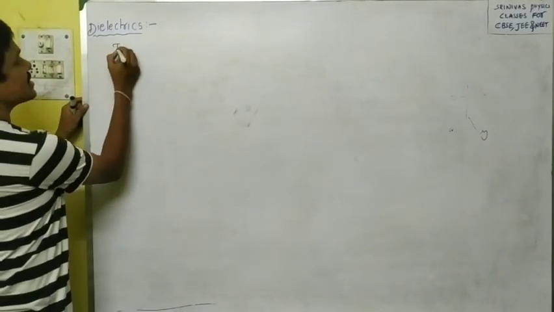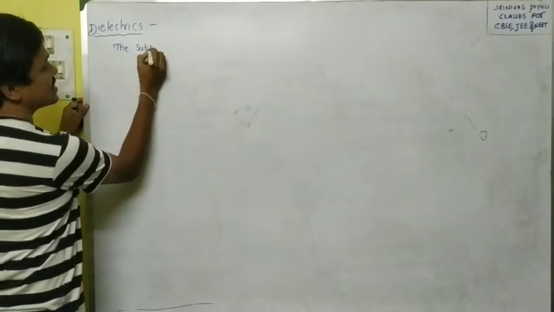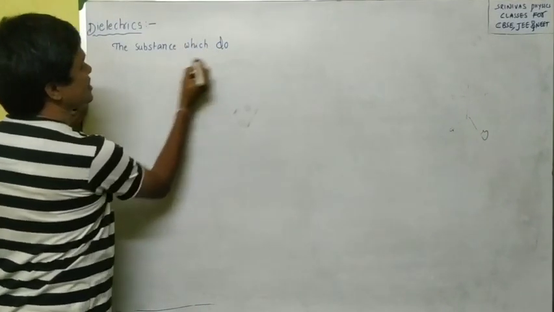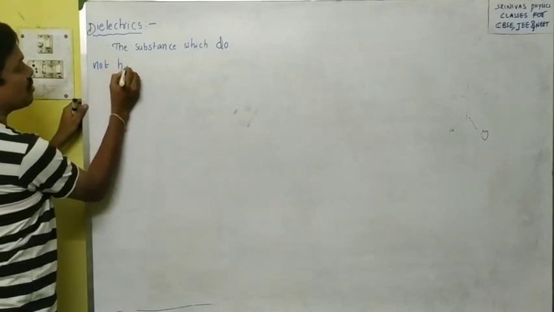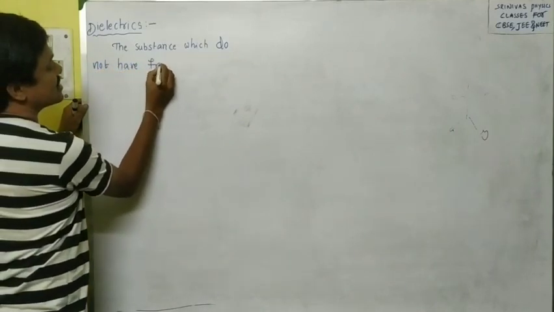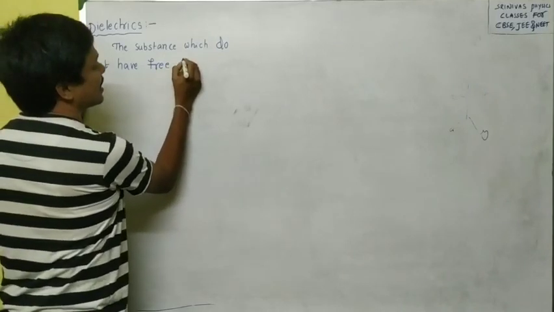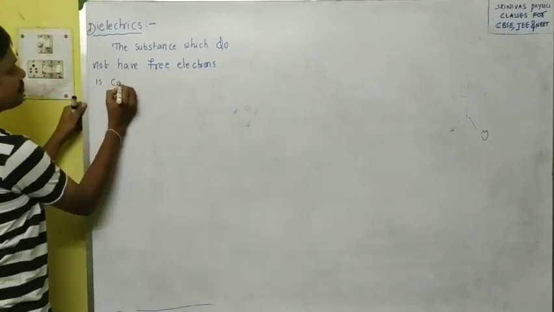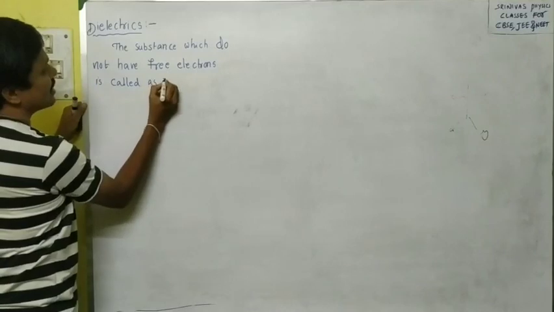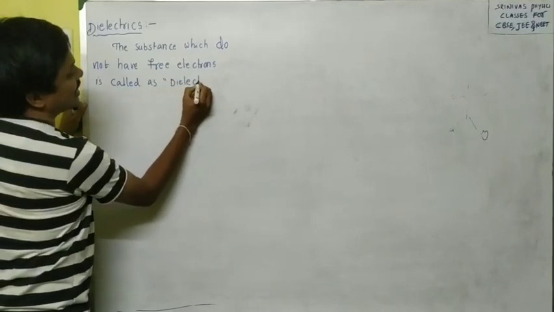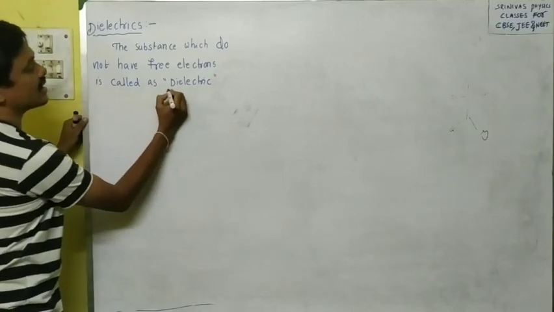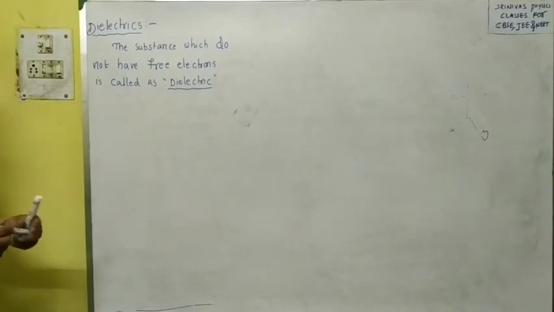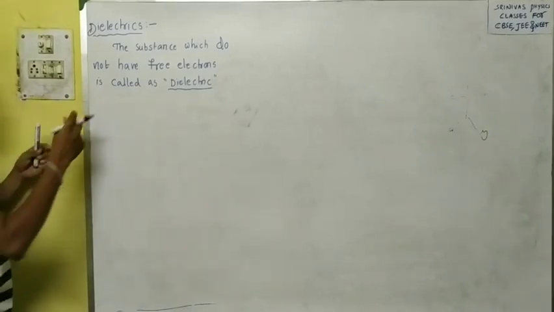The substance which does not have free electrons is called a dielectric. A dielectric is a substance that does not have free electrons. The substance which does not have free electrons is called a dielectric substance.